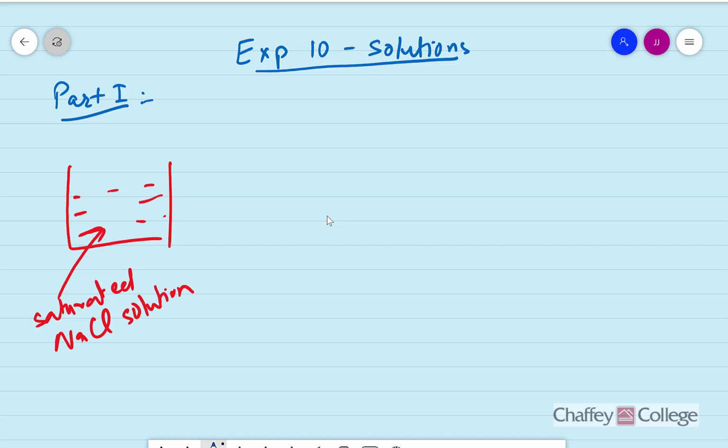Saturated NaCl solution means that it contains the maximum amount of salt or NaCl which can be dissolved. It already contains that. So how do we determine that?